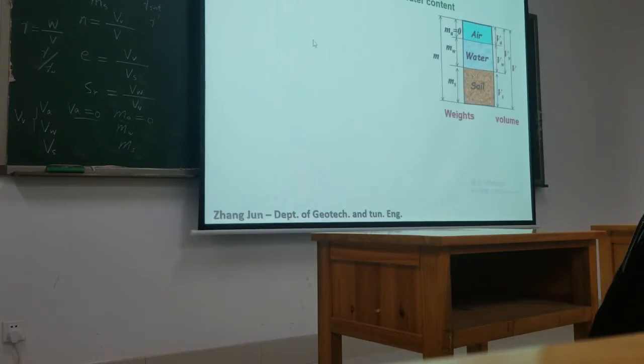Measurable indexes: bulk density, solid density, water content. For bulk density, it means mass of the soil, okay?